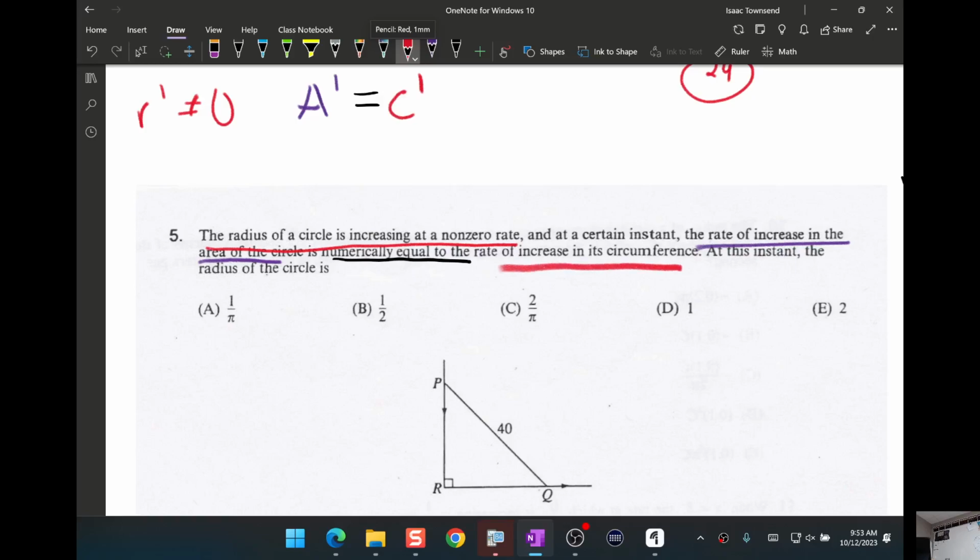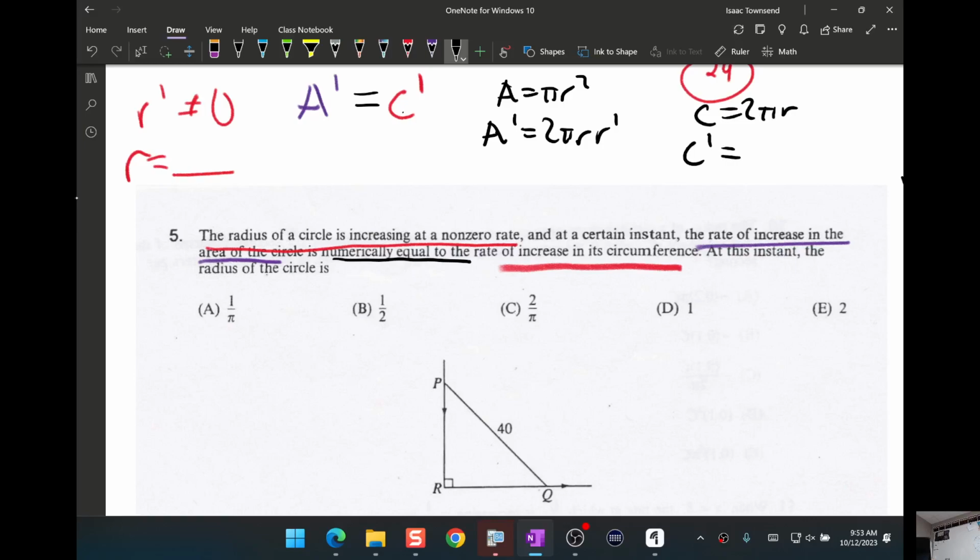So C prime. At this instant, the radius equals what? Okay, well, they're telling me that the rate of change of area is equal to the rate of change of circumference. So I'm going to have to think about the area of a circle formula so that I can take its derivative. You have to know the circumference of the circle formula so you can take its derivative. Make sure you don't forget the r primes there.